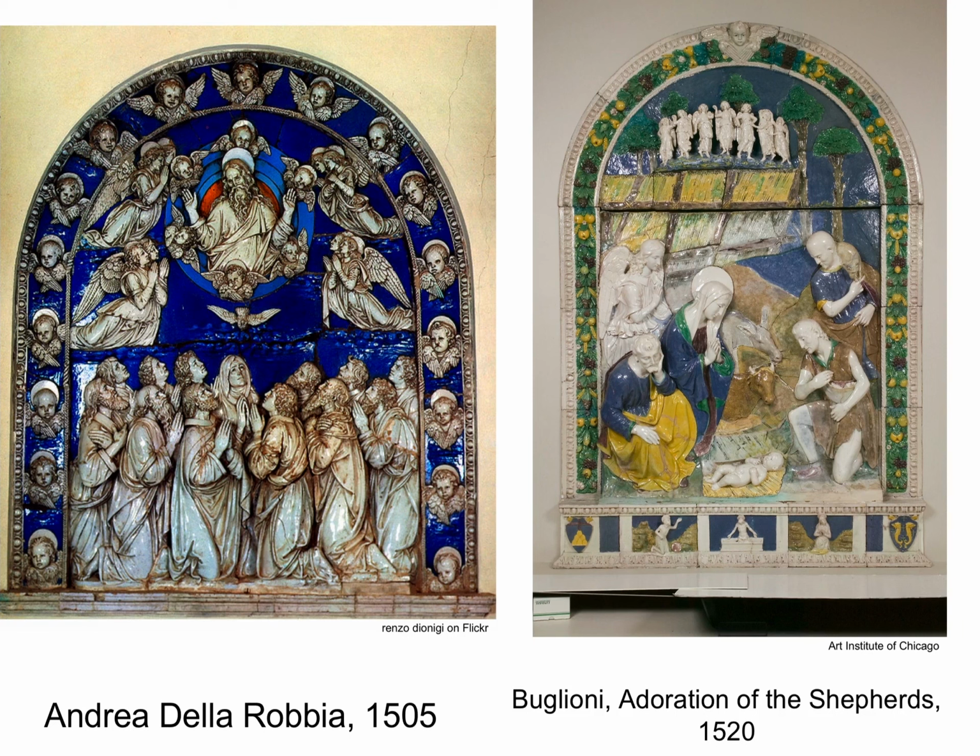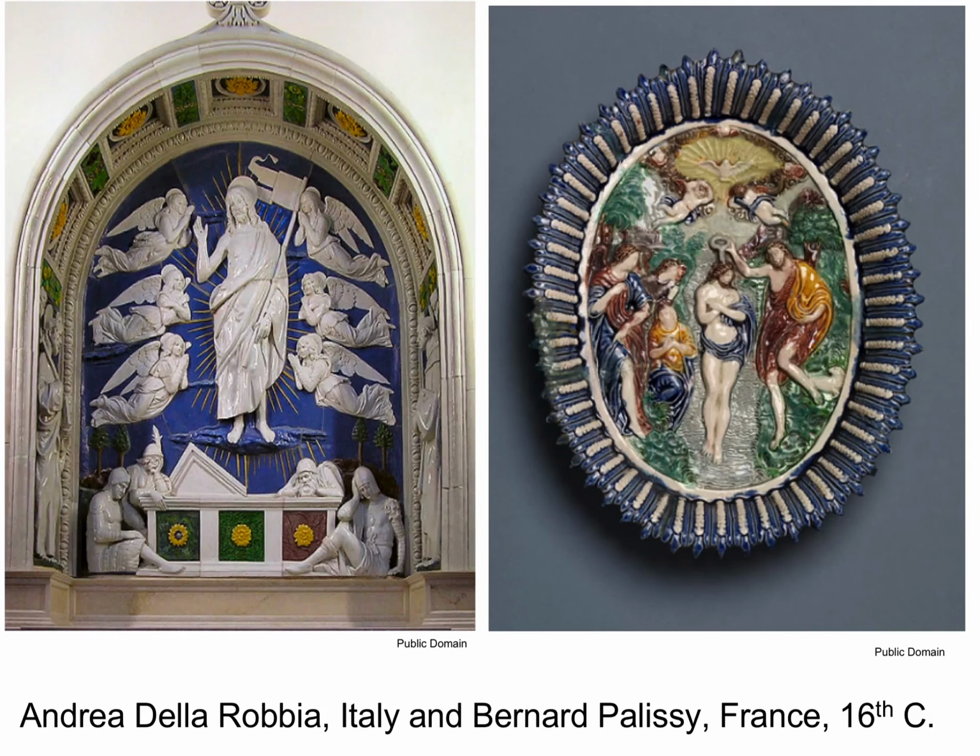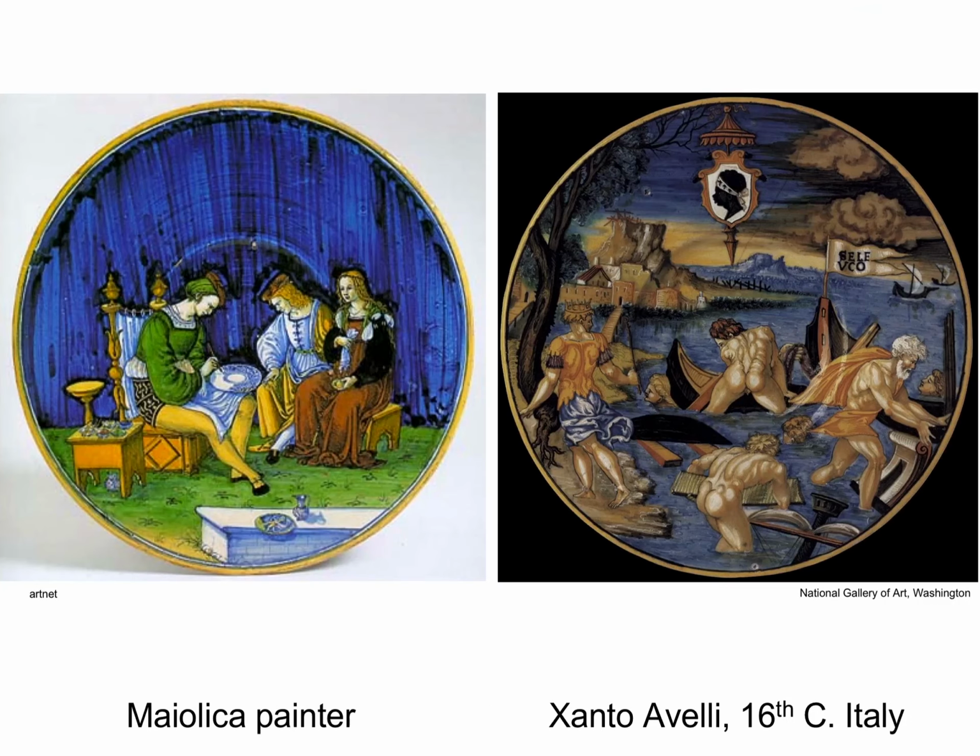There are many other artists following in their steps, like the Buglioni and so on and so forth, but Andrea Della Robbia, Luca Della Robbia, the initiator of the family and of this style, and somebody like Bernard Palissy, whose work we've seen a bit before and we will see again in the simulation aesthetics coming up next.